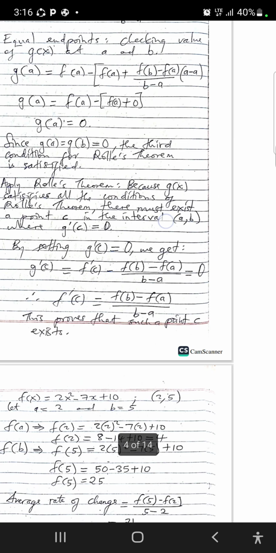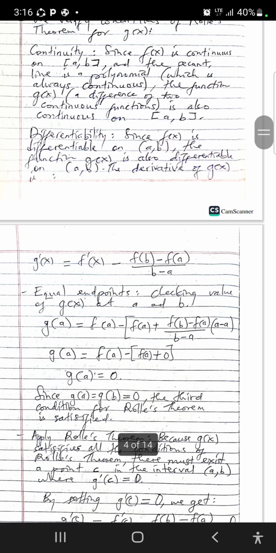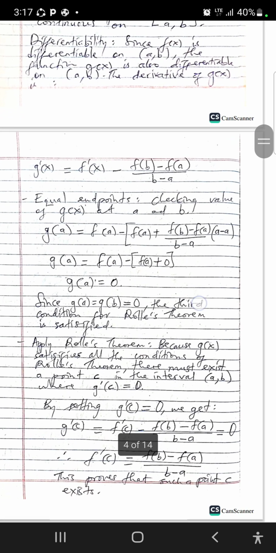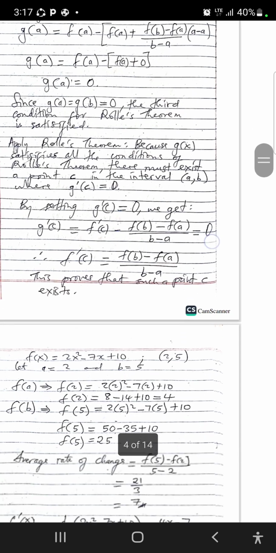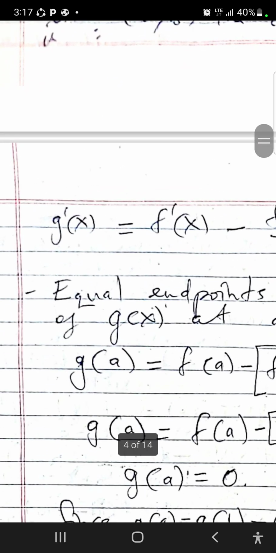So in our case, where we have g prime of x, we replace c there.